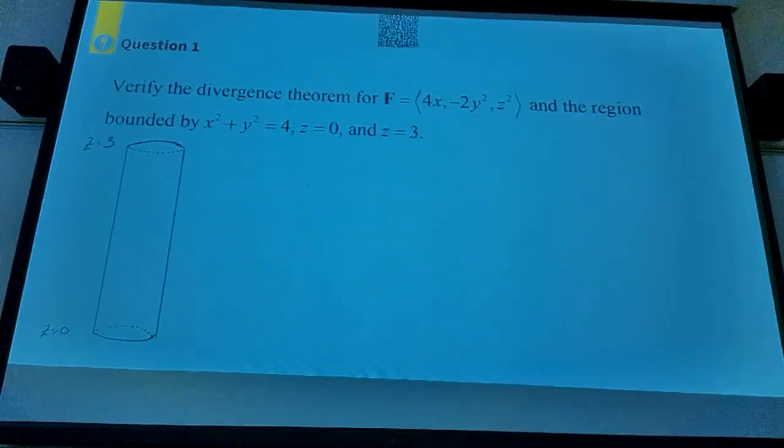Well, that top surface isn't just a circle. What's the radius of the circle? 2. And it's on the plane z equals 3.